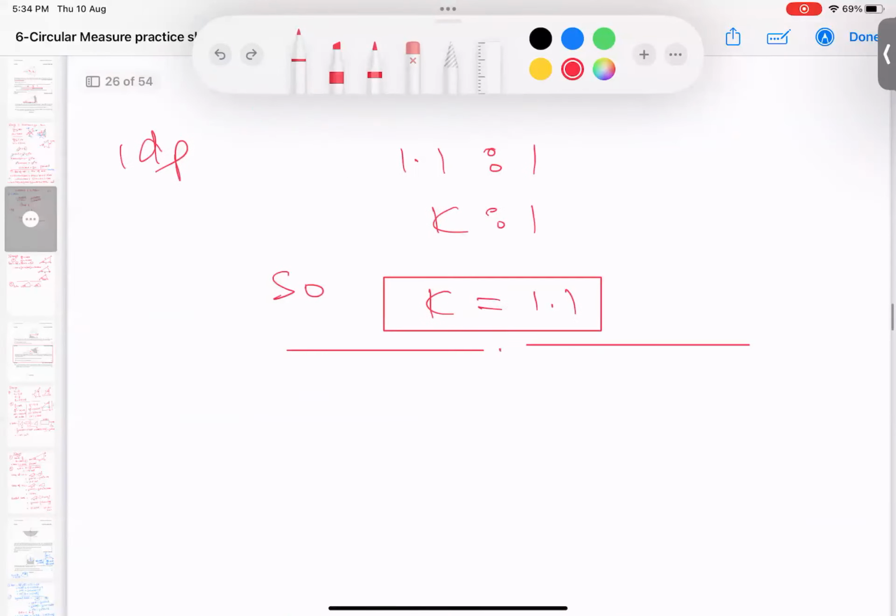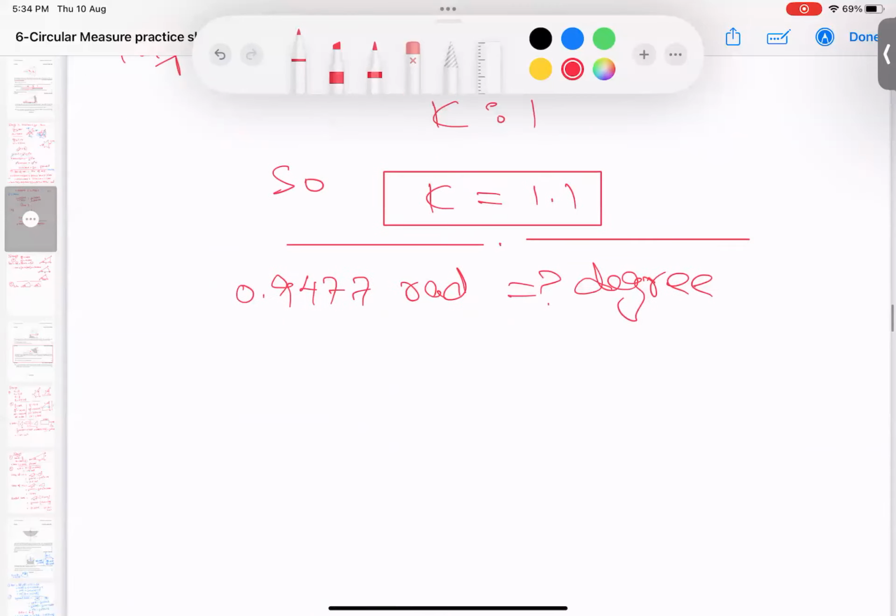So let's start. 0.9477 radian, I want to convert into degrees. You know, students, whenever we go from 0 to here, it is called 180 degrees. But in radians, when I go from here to here, it is called pi radians.